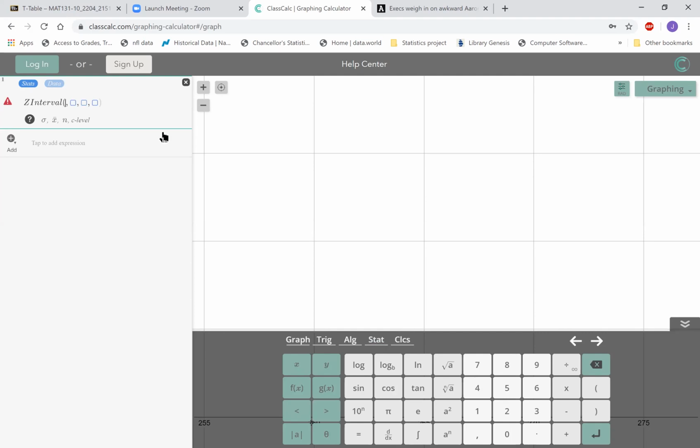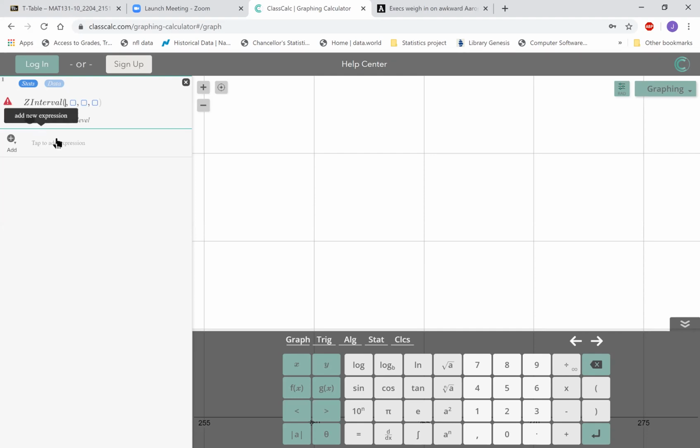Okay. So if you look at it, it gives you 2 options: stats or data. In our case, since everything is given to us, we're going to use stats. If the information is not given to us, that's when you want to use data. So we're going to choose stats and enter the information. The first thing you're going to do is enter standard deviation.